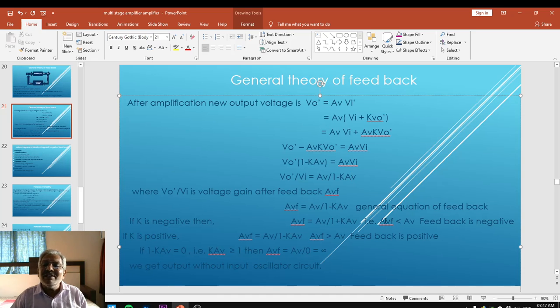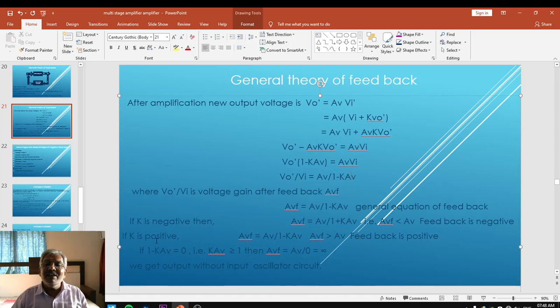This makes it clear that if K is negative, then feedback is negative, and under that condition, after feedback, voltage gain decreases. Thus, when negative feedback is applied, voltage gain after feedback becomes less than voltage gain before feedback.